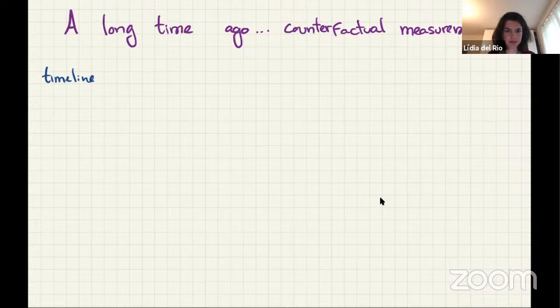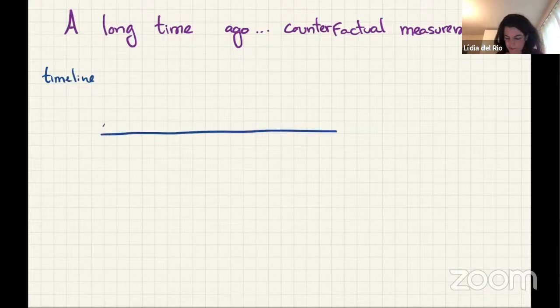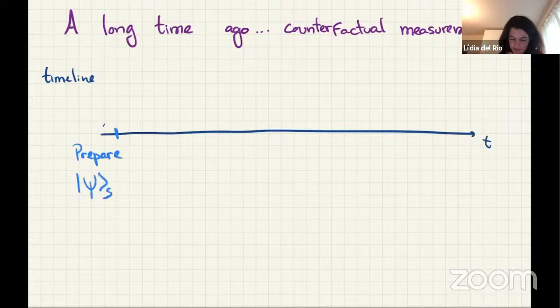Where we talked about this kind of timeline, where we prepare, if this is time going there, at some initial point, we prepare some state on some system S. At some later point, we measure some observable.